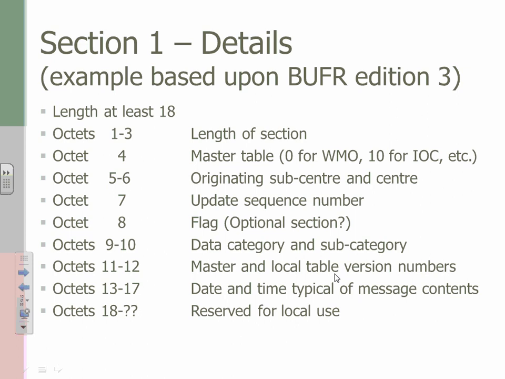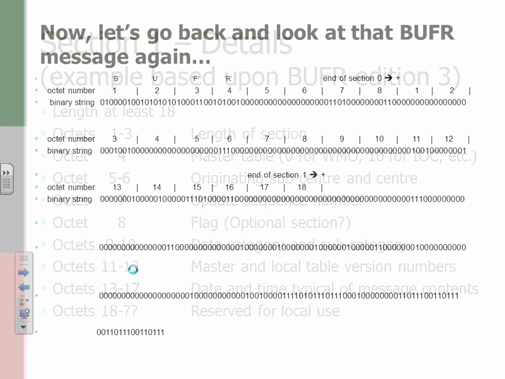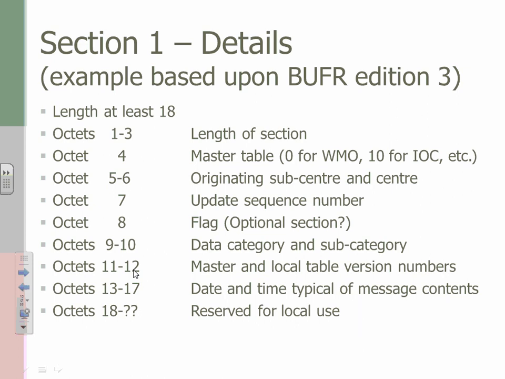So when you decode TDCF, you need to know which version of the table was used when this message was encoded. In this case, octet 11 to 12 is the location to read, the master and local table version numbers.